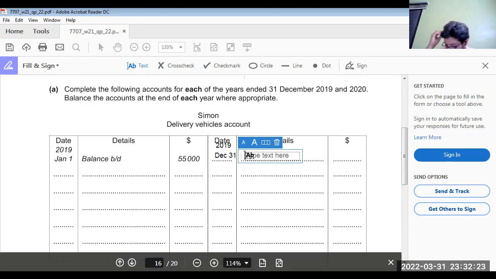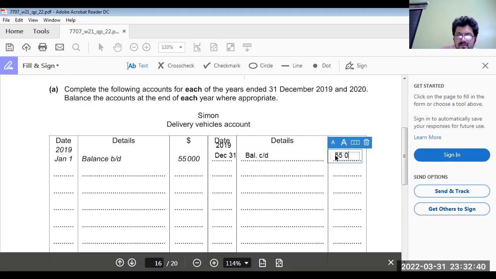December 31st 2019, balance carried down, 55,000.